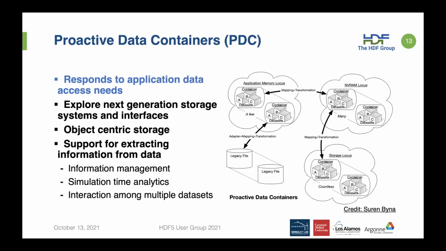Proactive Data Containers, that's from LBNL, that we worked with. The idea here is to have a way of unifying different storage tiers of memory, and have mapping and transformation between all these storage tiers that happen transparently for the application.